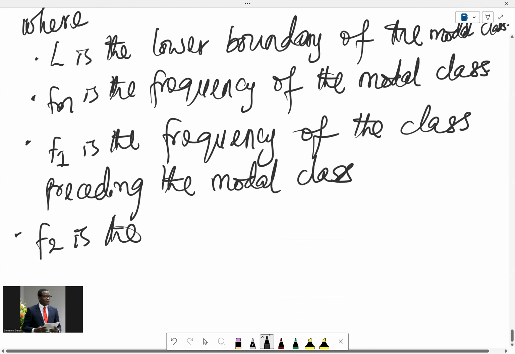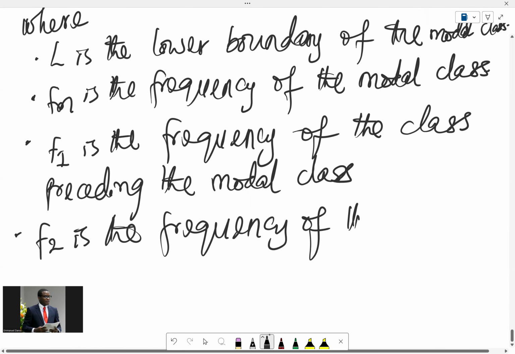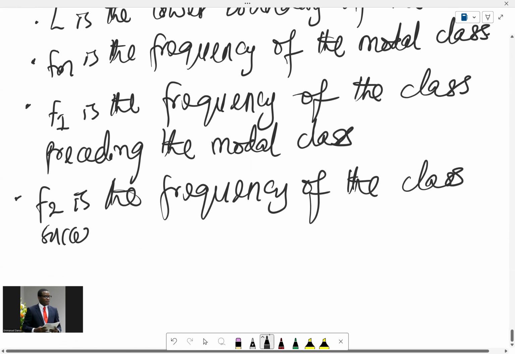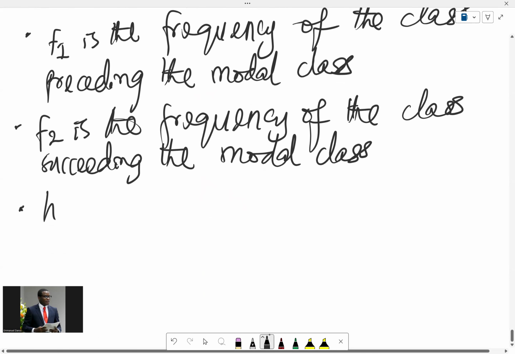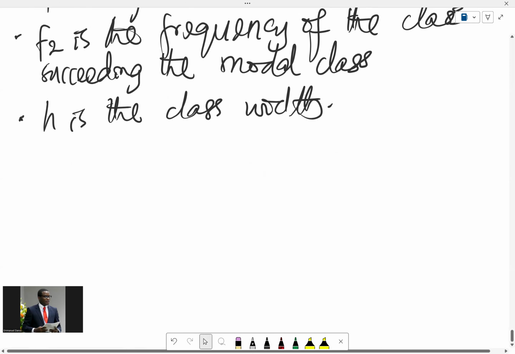F2 is the frequency of the class succeeding the modal class, the class after the modal class. And H, as usual, is the class width. So imagine what we had before.